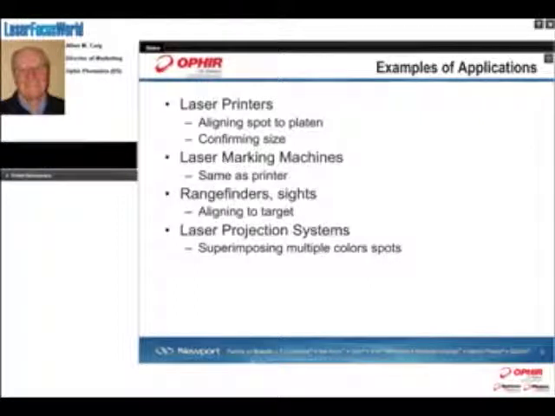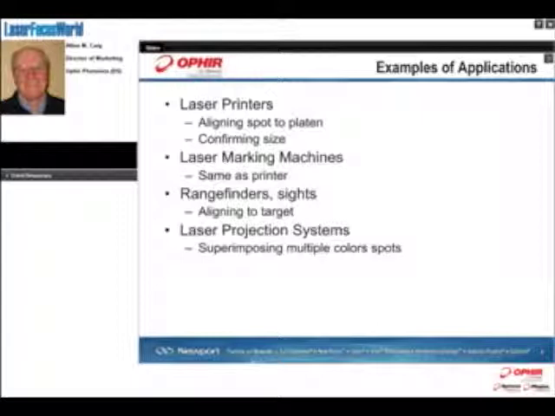Rangefinders, sights, LiDAR. In these cases, we're trying to align a laser beam to a target and keep it aligned with that target and with the sighting device, whatever it is, whether it's a rifle or a missile or some application that might be less lethal, like LiDAR, which is looking at a standoff type of chemical analysis and things like that.